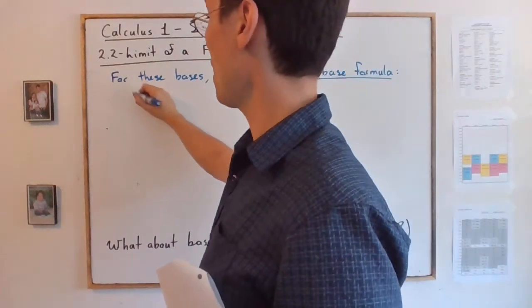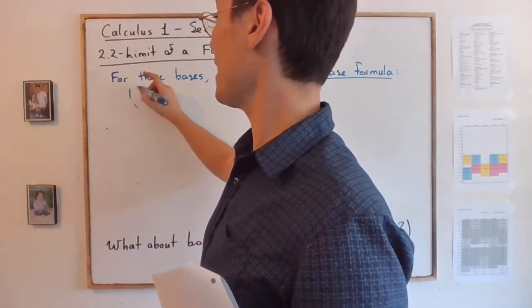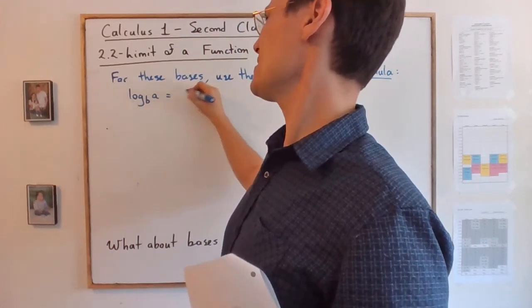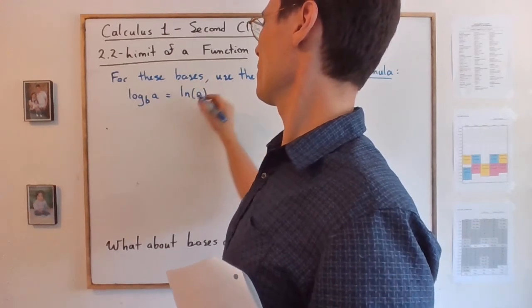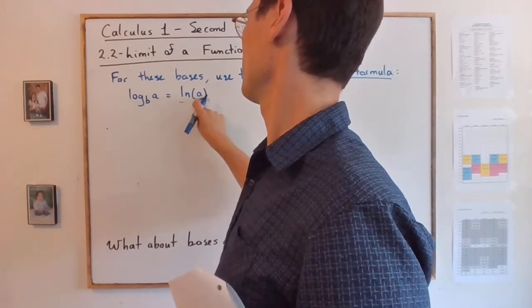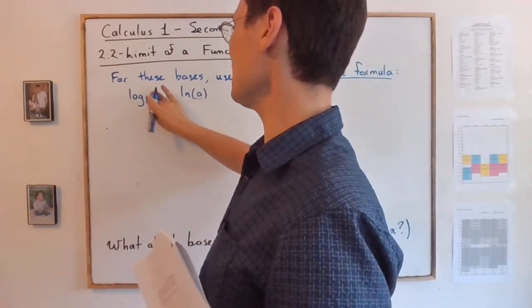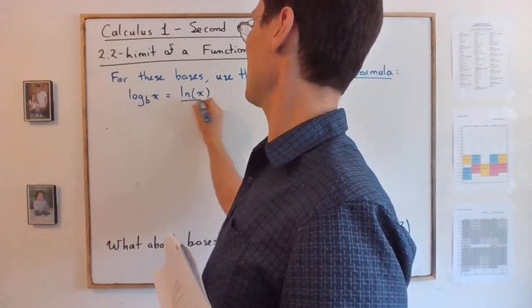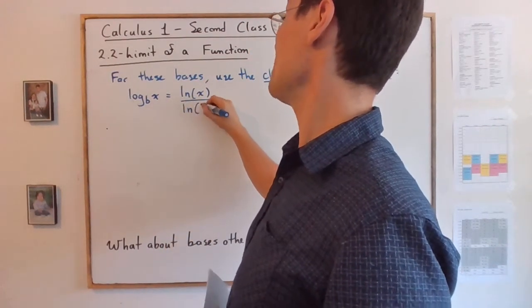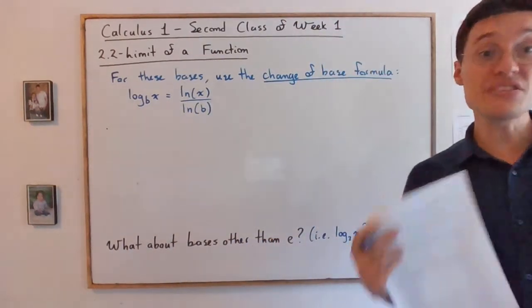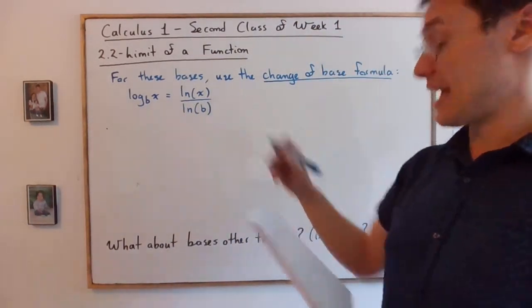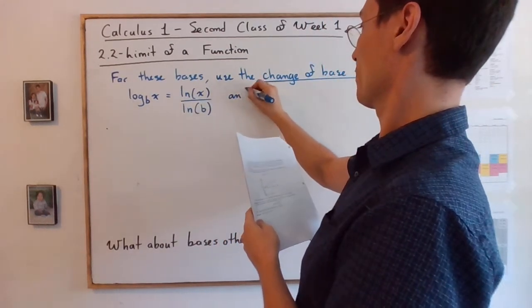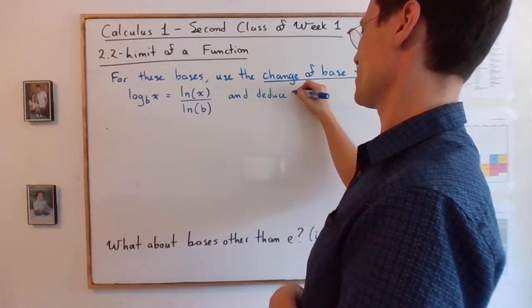It's very simple: log base B of x is equal to ln of x over ln of B. And then you deduce the result from there, using the ln.